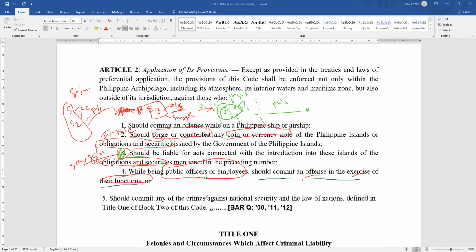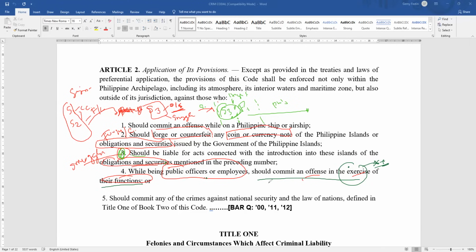So, ibig sabihin, the crime that they committed should be connected in the exercise of their function. So, this is what is material. If that crime is not in the exercise of their function, then we apply the general rule. Crimes committed outside the Philippine territory, we do not have jurisdiction to try the case. But if the crime is connected in the exercise of their duties or functions, then we have an extraterritorial application. They can be tried in the Philippines.